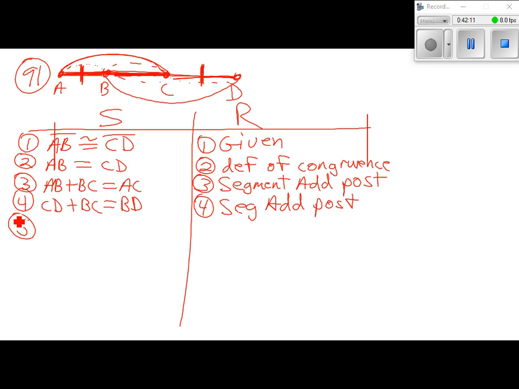Once I have all of this, if I look at all this stuff that I have right here, I know that AB and CD are the same thing. So if I take out CD right here and stick AB in its place, I end up with this.